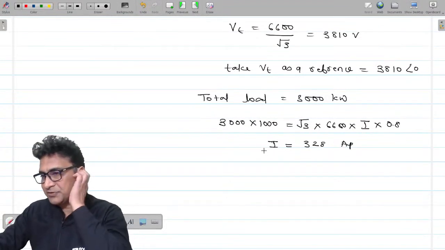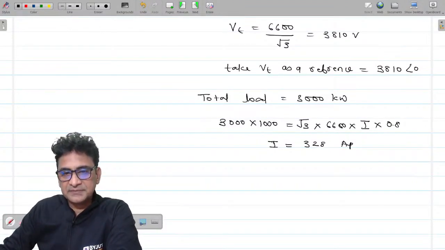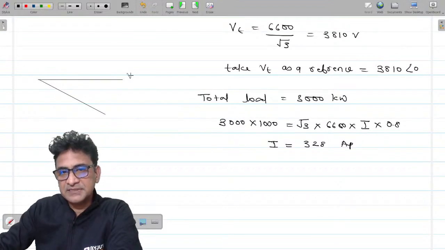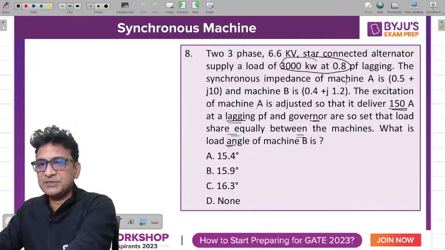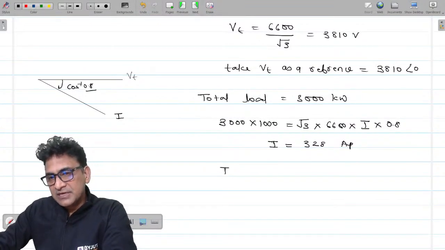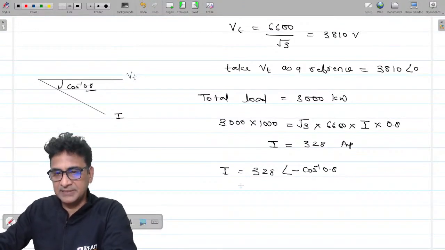This is only the magnitude of load current. Taking Vt as my reference phasor, the current is lagging the voltage. It is 0.8 power factor lagging, that means this angle is cos inverse 0.8. So what is the current phasor? Magnitude is 328, but angle is minus cos inverse 0.8, that is 36.86 degrees.